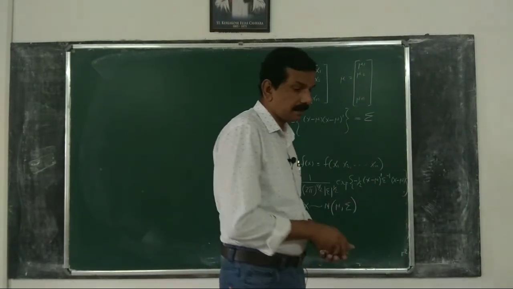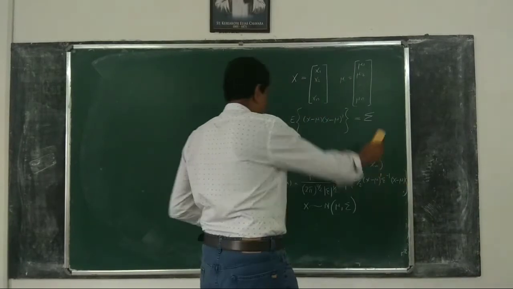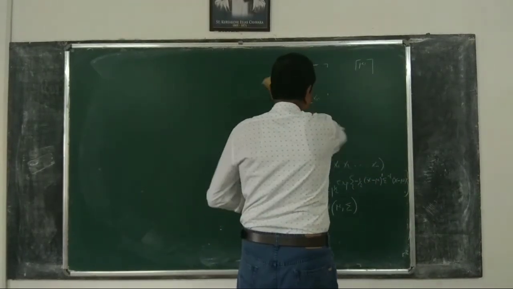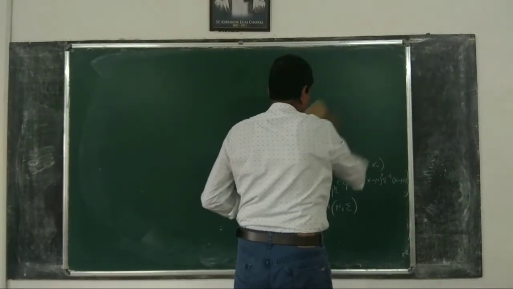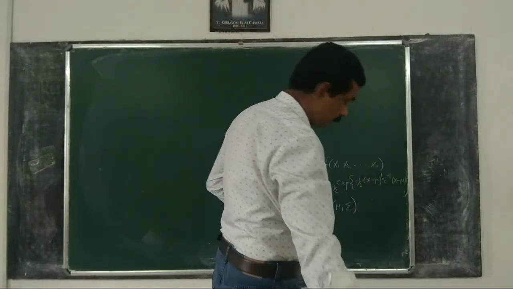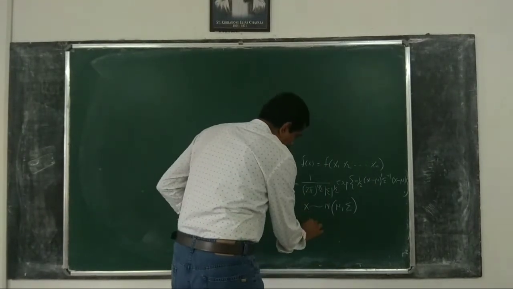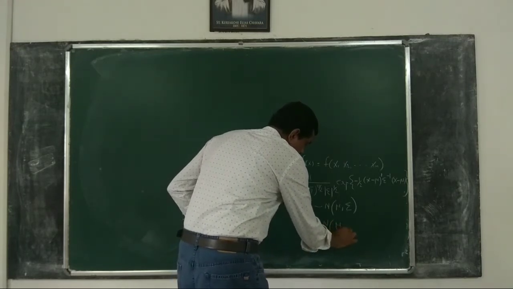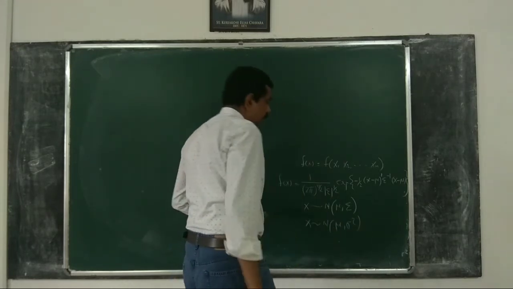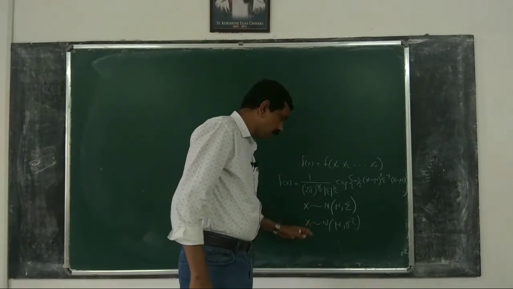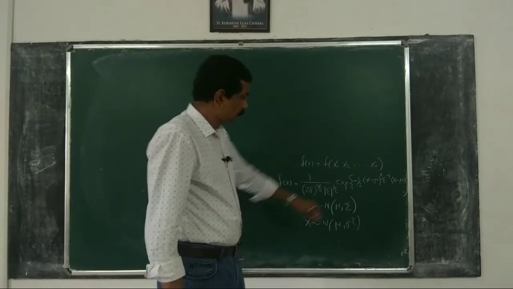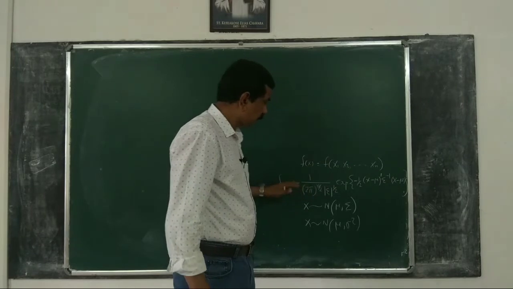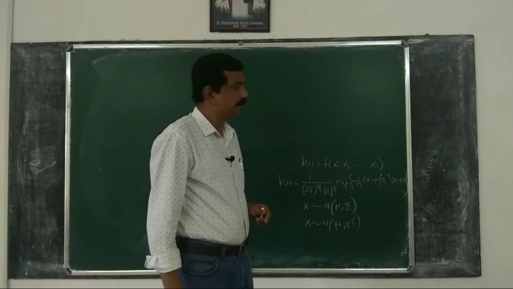The univariate PDF, which we have discussed many times, so I am not writing it again. Its compact form is x is normal with mean mu and variance sigma square. X is a single random variable. So this is the general form of the multivariate normal PDF.